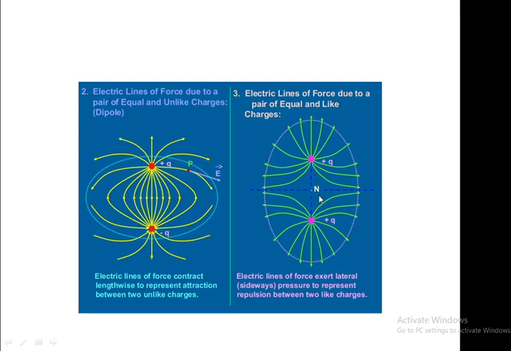So here at the middle, you see electric field lines keep away from this midpoint. Electric field lines are not entering into this middle region. Here, electric field lines keep away from this point. This is due to repulsive force.